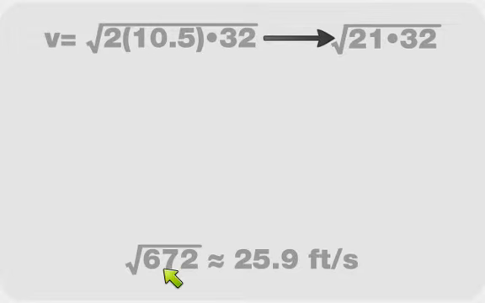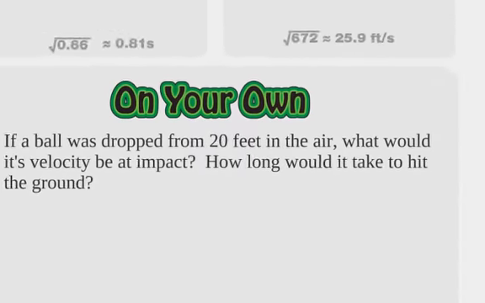So the square root of 672 is somewhere around 25.9. Okay, so really what you're going to be doing is guessing, estimating, and putting it all together and finding out that it's going to be flying at 26 feet per second. If it's 10.5 feet off the ground. That's pretty fast. And that's pretty sweet. That's pretty powerful using that math, isn't it?